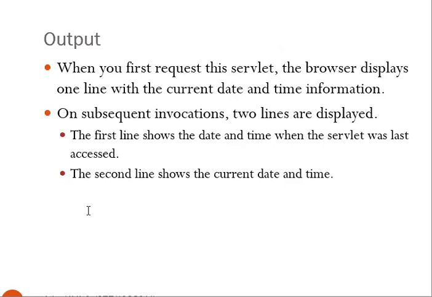When we first send a request to this servlet, the browser will display the current date and time information. There will be two invocations, so two lines will be displayed. This is a simple example of session tracking.